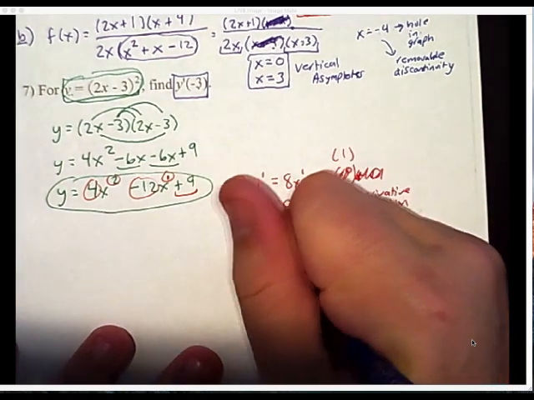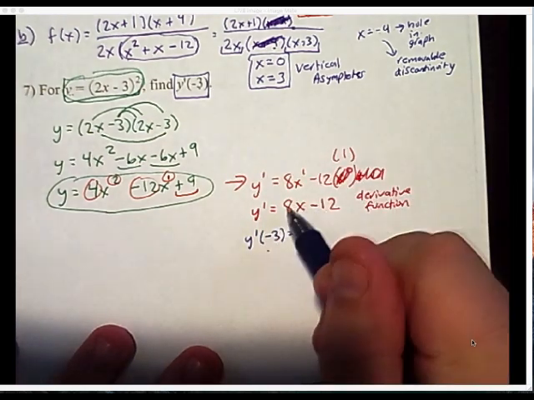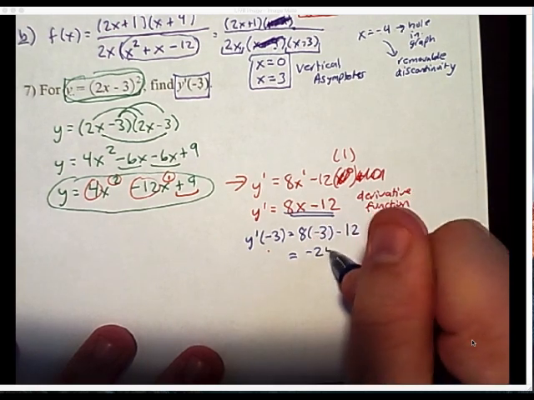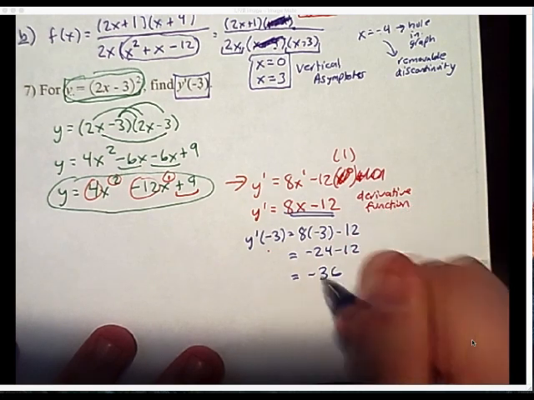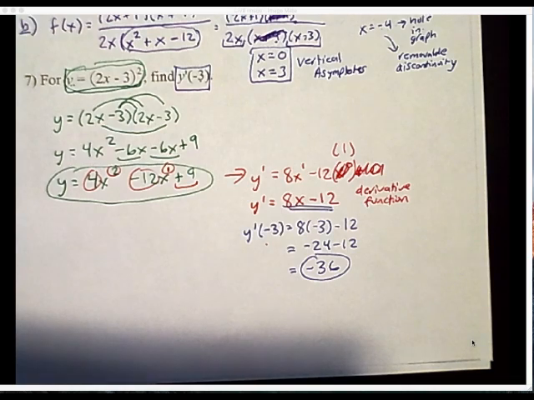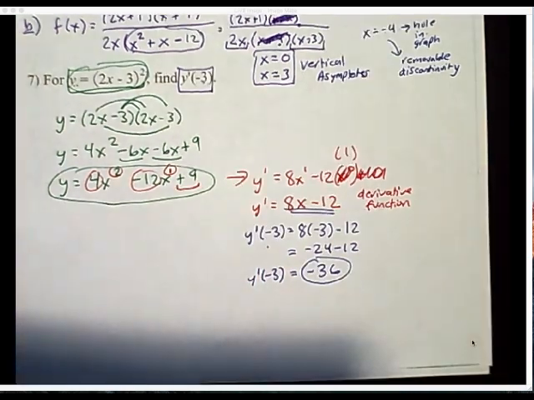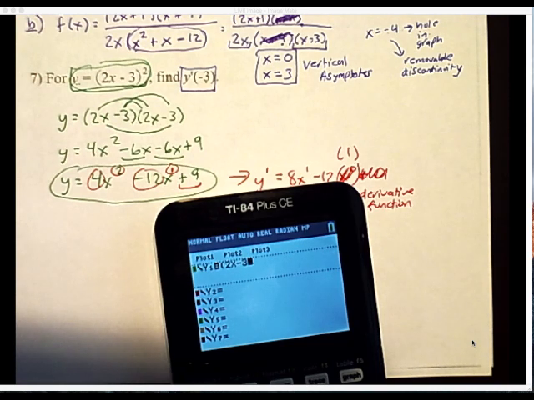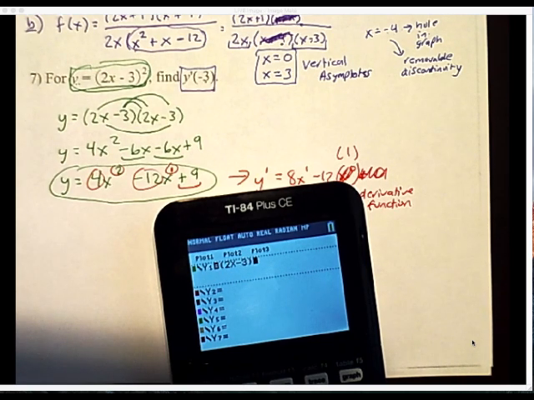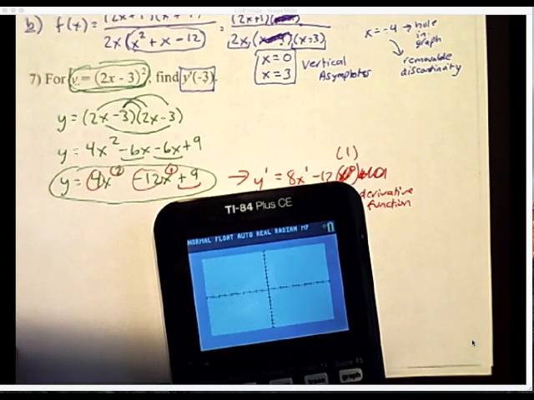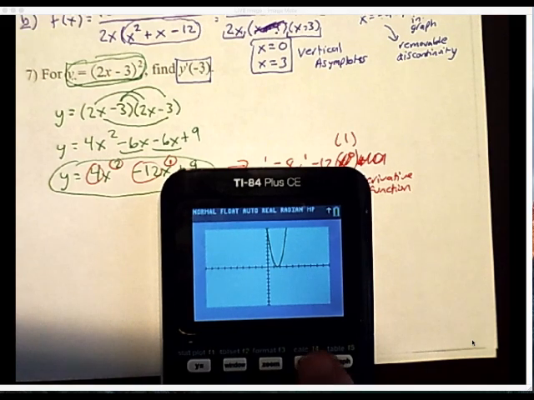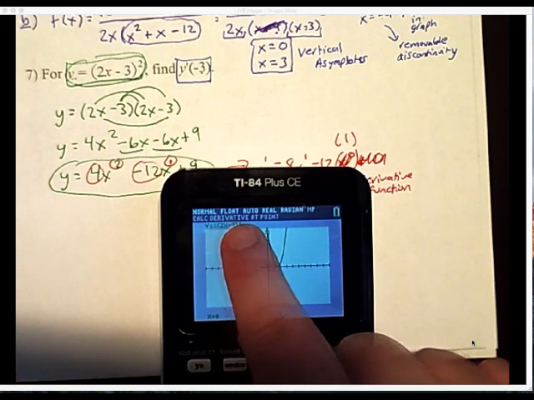Now we want to figure out what y prime of -3 is. So I have the function, just plug in -3 where we see the x. There we go. Y prime at -3 is -36. There's a way you can check it. If I put in the original function, 2x minus 3 squared, and go second calculate, option 6, calculate the derivative at a point.